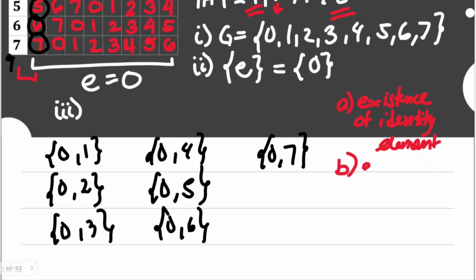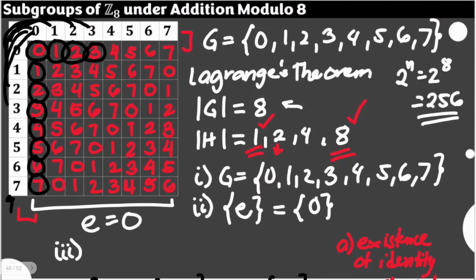There should also be the existence of inverse elements for every element in the given set to be called a subgroup. Now, take note that we can also find here, let me erase some scribbles. Okay, hopefully I could erase the black one.